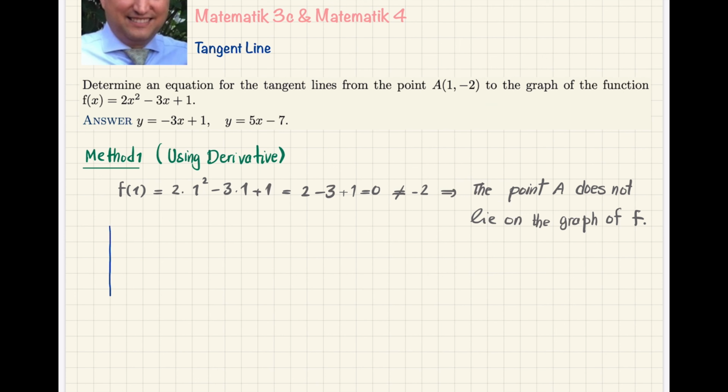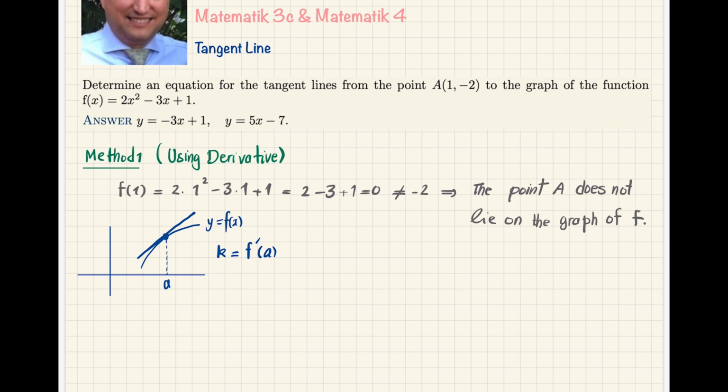You know from your lesson that if I have a graph, for example, the graph of the function f of x, any function, and you know the x coordinate of the point at which you want to draw the tangent line, then to find the slope of this tangent line, you take the derivative of your function and then calculate it at the x coordinate of the point of tangency.